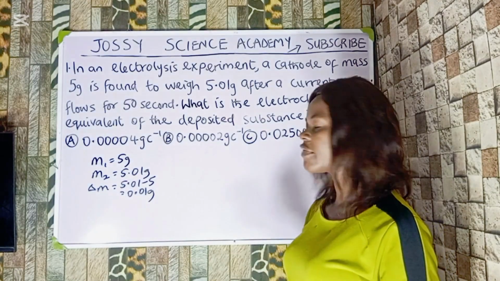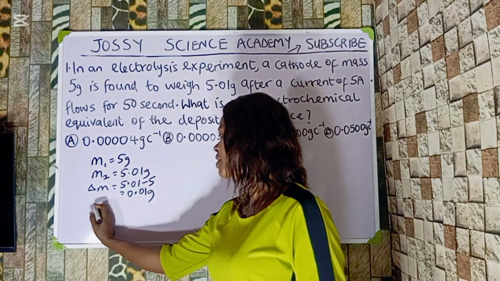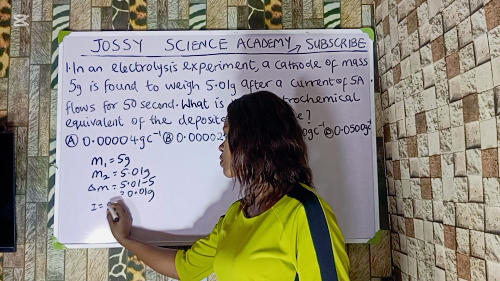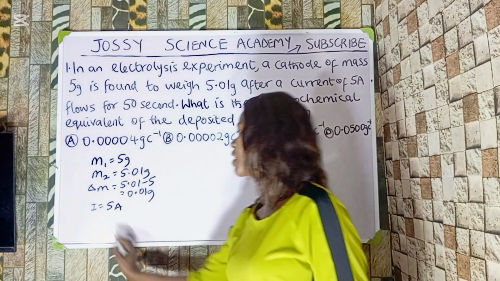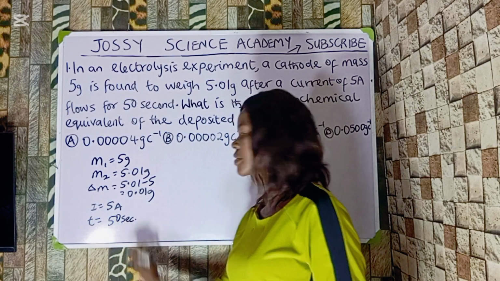After a current of 5 amperes flows for 50 seconds, so my current I is equal to 5 amperes, and the time is 50 seconds.